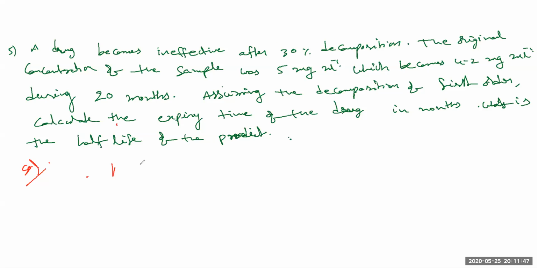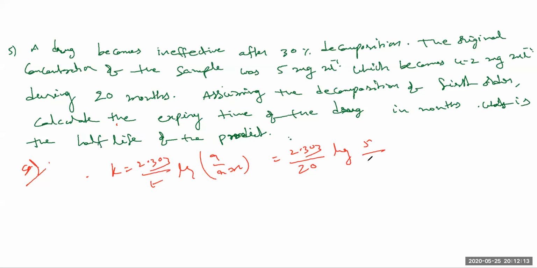First you calculate K: 2.303 by T into log of A by A minus X. What is the time given? 20 months. Into log of A, the initial is 5 grams, and after 20 months it is reduced to 4.2. So by calculating, K is 0.00872 months inverse.